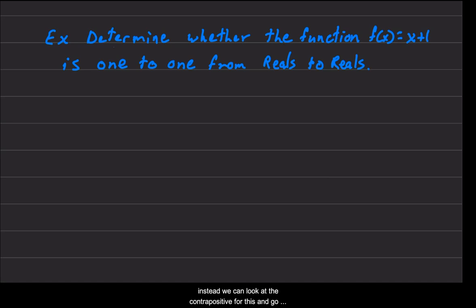So when x does not equal y, then x plus 1 does not equal y plus 1, which is obviously true. Approaching this from the contrapositive allows us to solve it very simply, whereas a direct method would have been much more difficult.